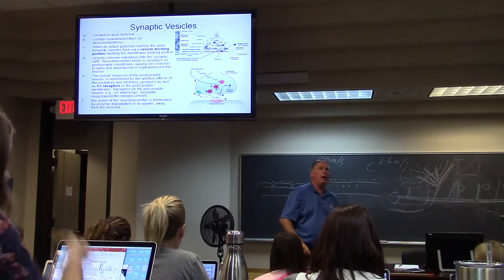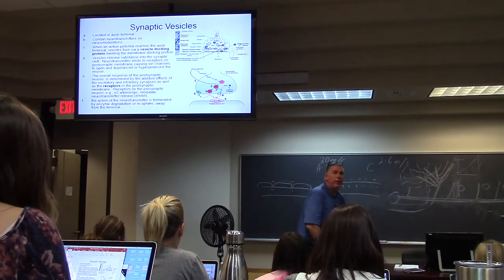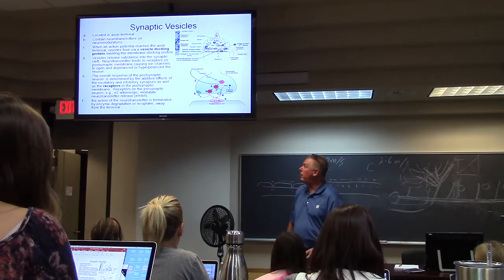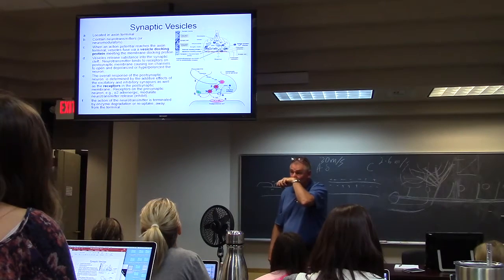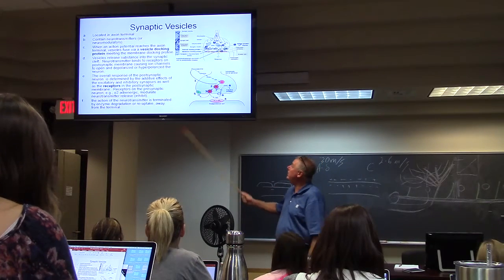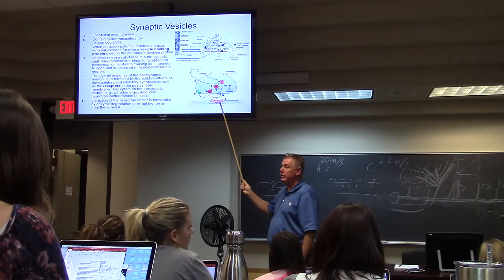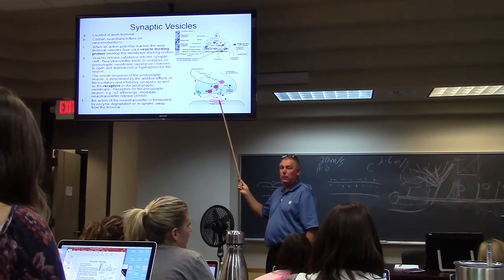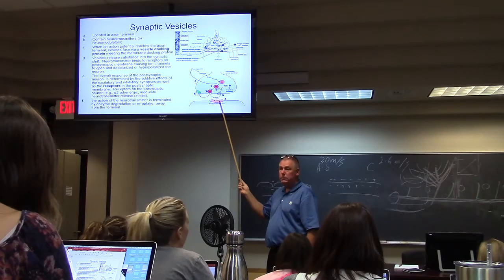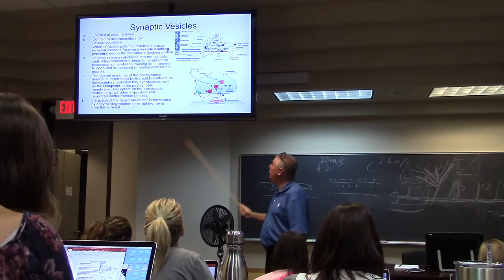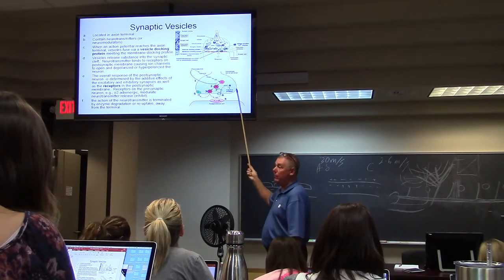Now, you need to know, and you will learn, that you have receptors. Once the neurotransmitter is released, you have receptors, obviously, on the postsynaptic membrane. You also have receptors on the presynaptic membrane.